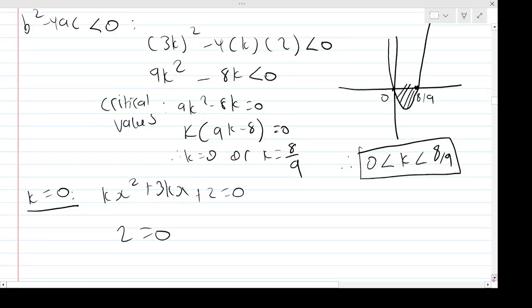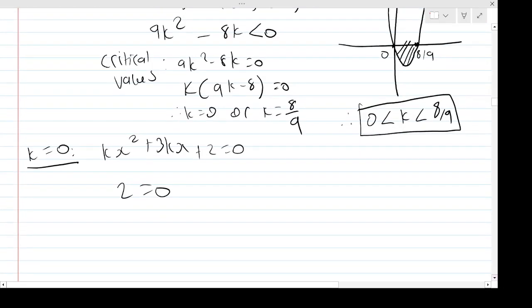That means that there are no solutions in this case, right? Because when k is 0, there's no value of x which gets the equation equal to 0, because we always get 2. So the equation is not true when k is 0.